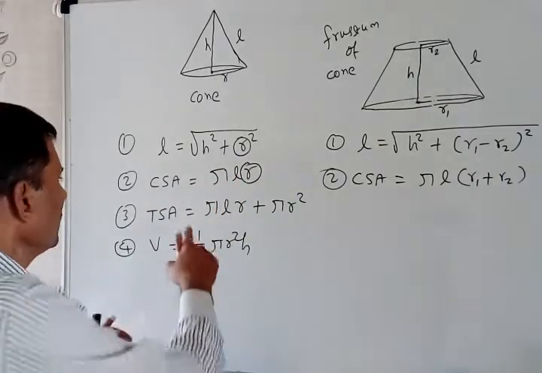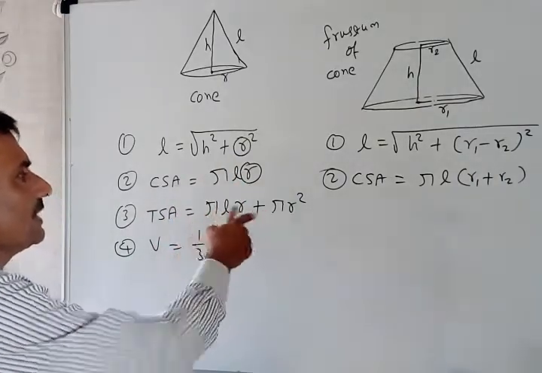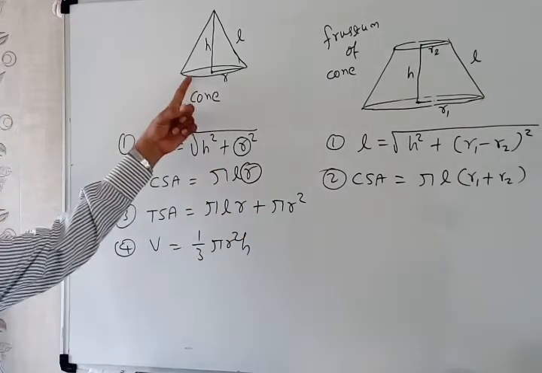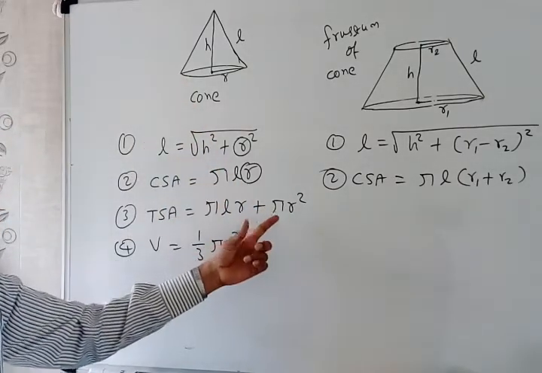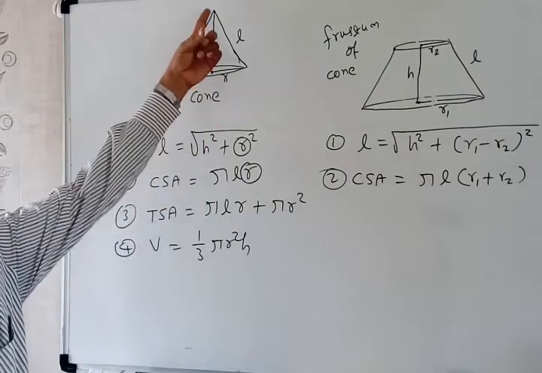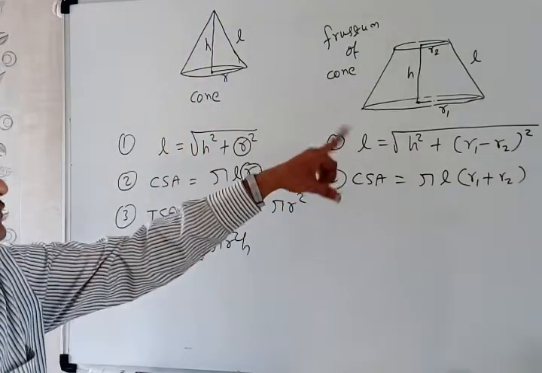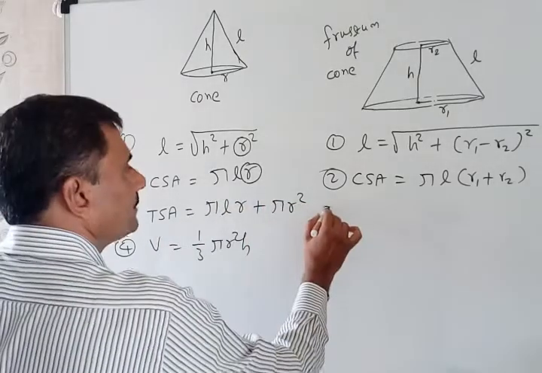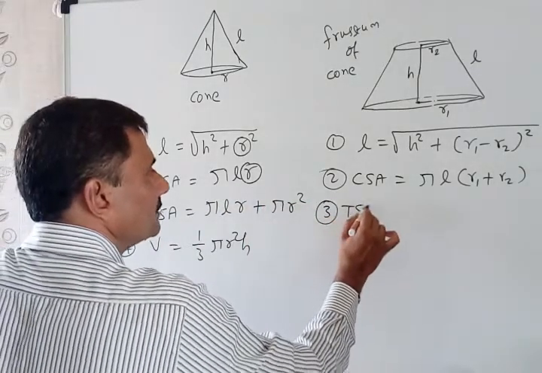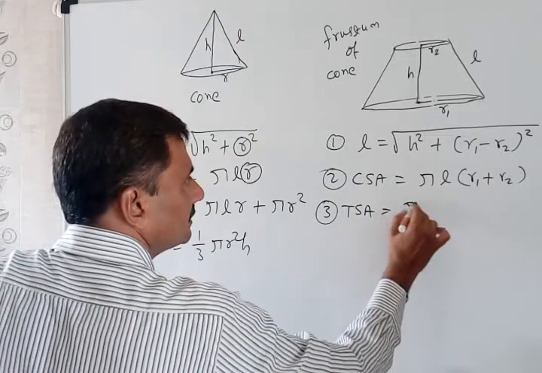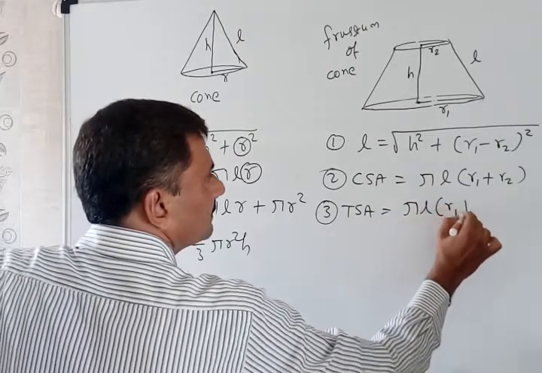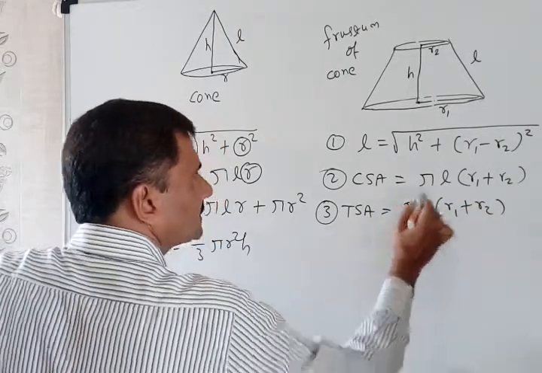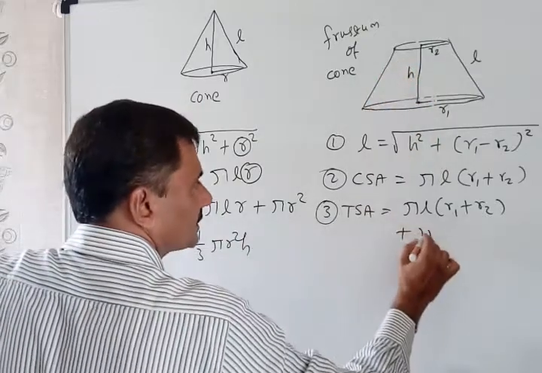Now, from CSA to TSA, what do we add? For a cone, just one circular base is there, not a second one. But here, instead of one, two circular bases are there. So first of all we write CSA, plus one base plus another base.